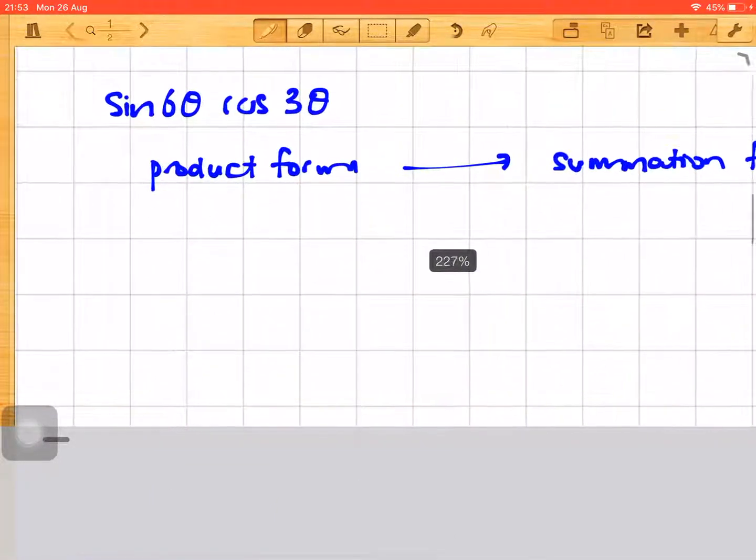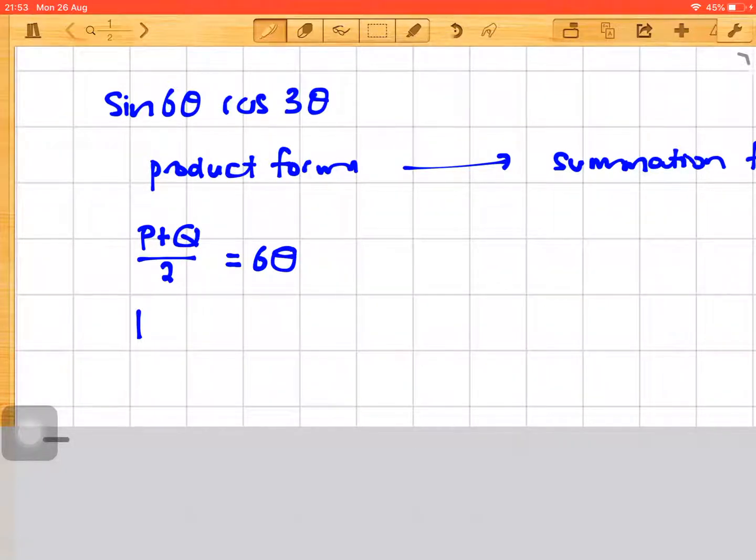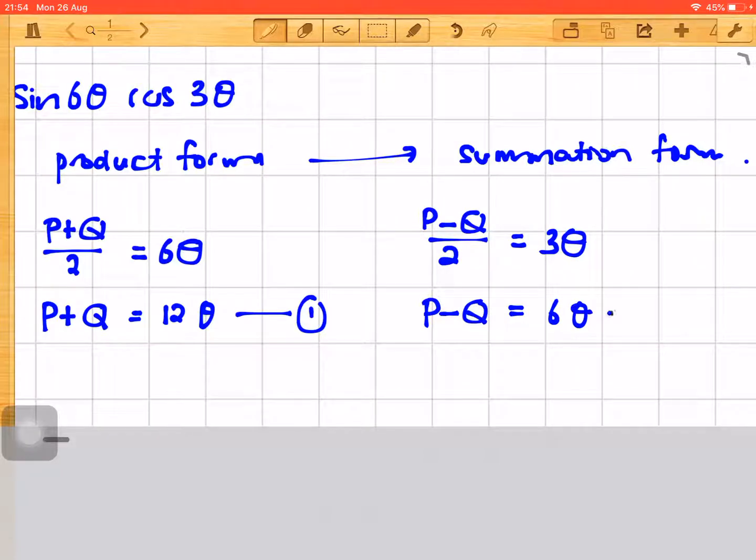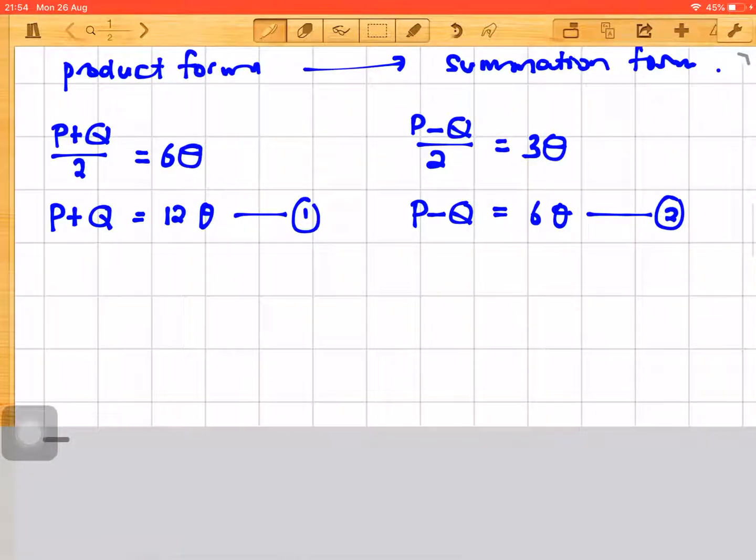So we will compare. We will have (P plus Q) over 2 is 6 theta. P plus Q is 12 theta, equation 1. Another one will be (P minus Q) over 2 equals 3 theta. P minus Q is 6 theta, equation 2. So what you're gonna do right now is like just now, equation 1 plus equation 2, you will get 2P equals 18 theta.